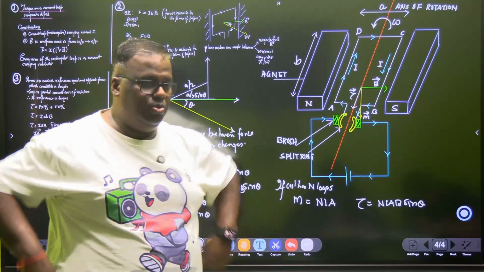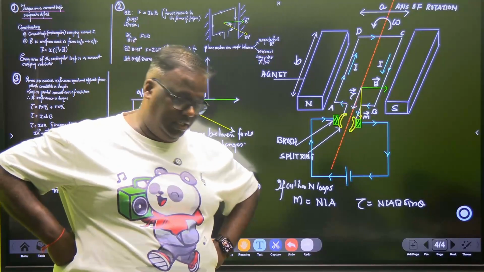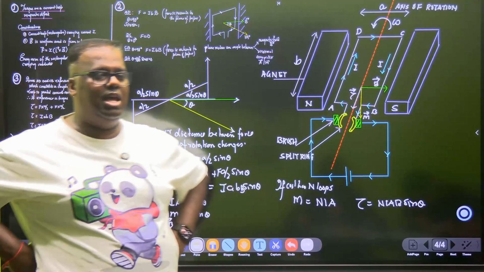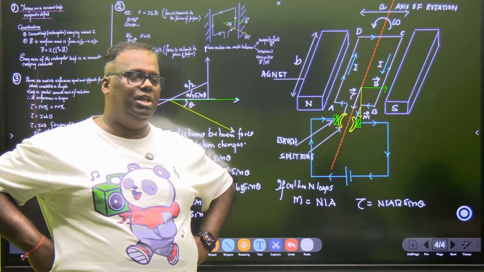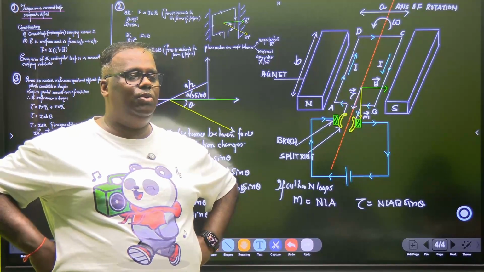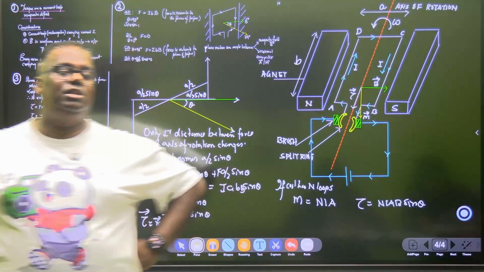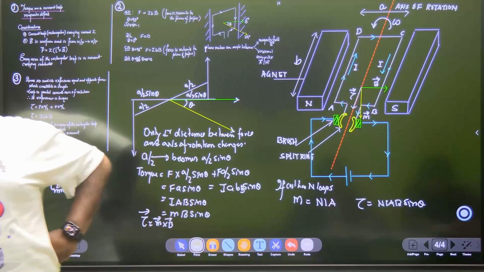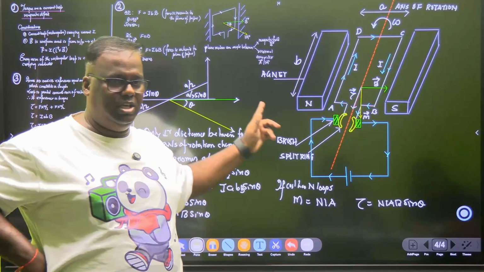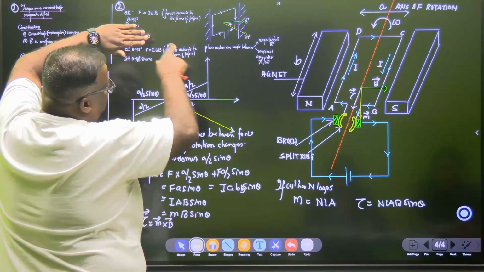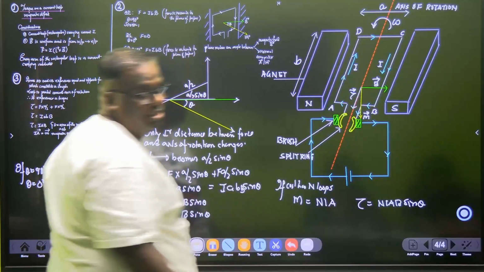So write electric dipole and magnetic dipole. First you write the symbols. That is P vector and this is M vector.